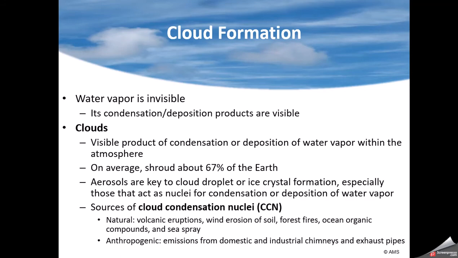So water vapor is invisible. And clouds, on the other hand, are a visible part of water. When they form condensation, it gets wet. You can see dew on the ground, so you can see droplets in the clouds. However, there's also other aspects to clouds, such as cloud condensation nuclei.